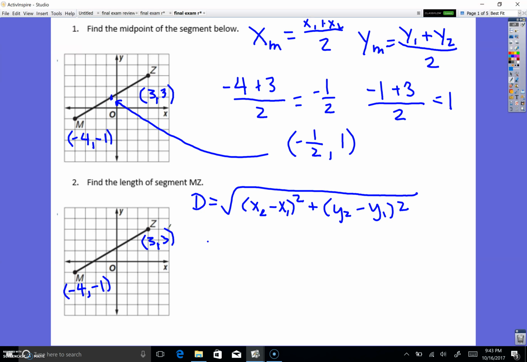Okay, and then substitute. So x2 is 3 minus -4, minus a negative is a positive, so 3 plus 4 squared, plus 3 minus -1, which is 3 plus 1 squared, and if you do that correctly and put it all in your calculator correctly, you should get 8.06.